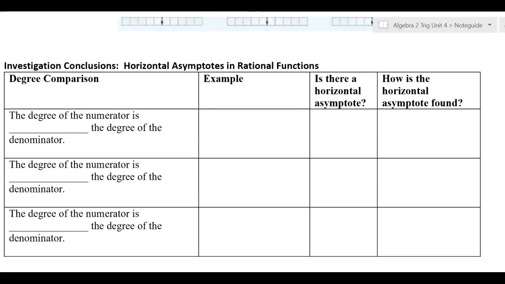First category was if the degree of the numerator was greater than the degree of the denominator. And just give yourself an example. Just make sure, in case you forgot what degree is, that you understand that's like maybe having a cubic up here and something of lower degree down here, okay? And then my question is, is there a horizontal asymptote?